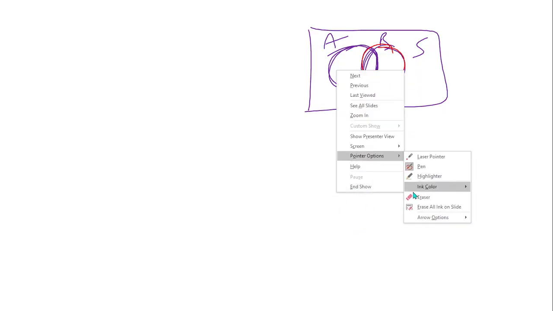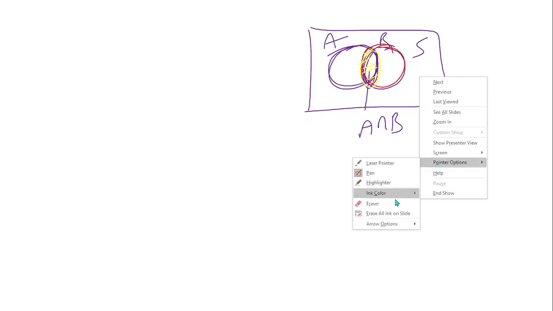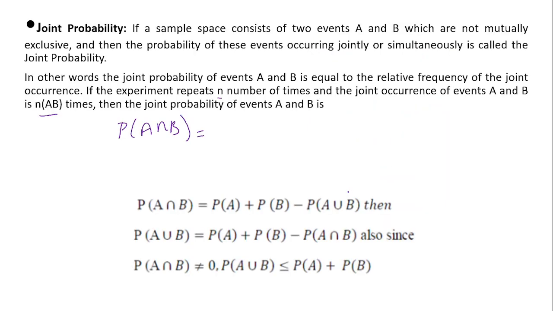If I see the common part between A and B, this is the common part where A occurs and B occurs. So that's why the joint probability is called the joint occurrence of both A and B. That's why we're writing probability of A intersection B. A intersection B is the common part between A and B events.